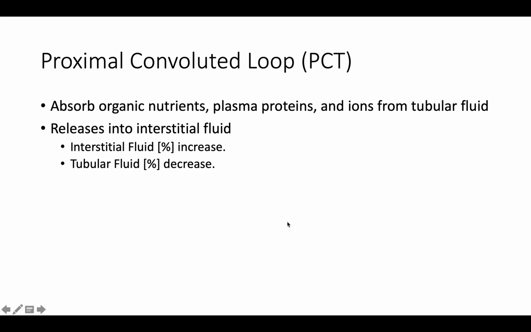In here you have the absorption of organic nutrients, plasma proteins, and ions from the tubular fluid. Right now you're forcing everything out and then taking back what you need: organic nutrients, plasma proteins, and ions.